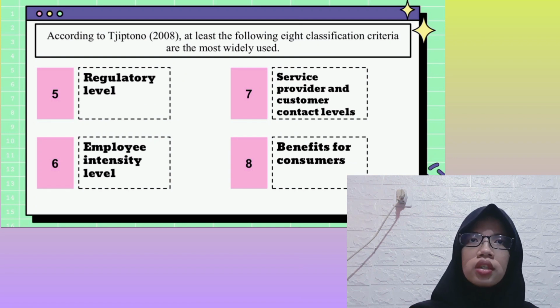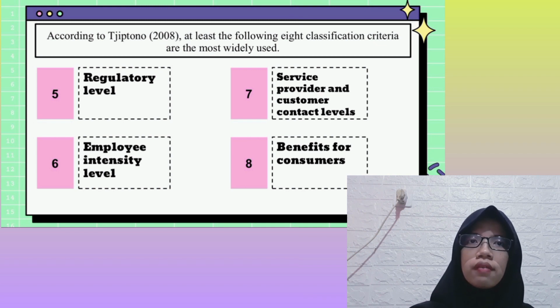5. Regulatory level. From the regulatory aspect, service can be divided into regulated service and non-regulated service. 6. Employee intensity level. Based on the level of employee intensity, service can be grouped into two types: equipment-based service and people-based service. 7. Service provider and customer contact level.